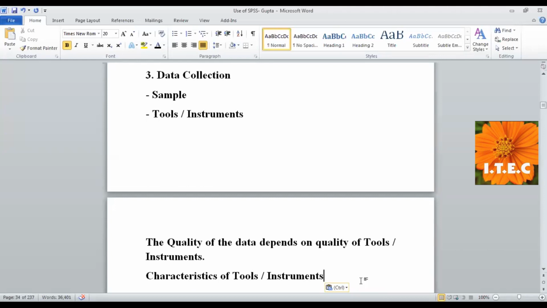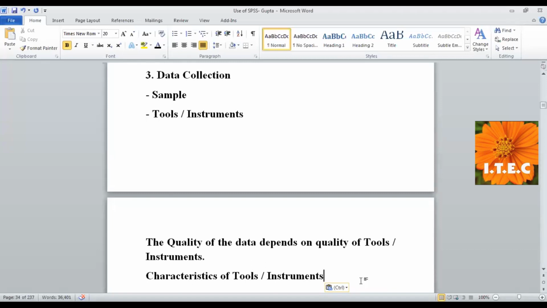Now, if you have a plate which is dirty, if you put the food in the plate, then the plate characteristics will become the characteristics of the food, and your food will become dirty.